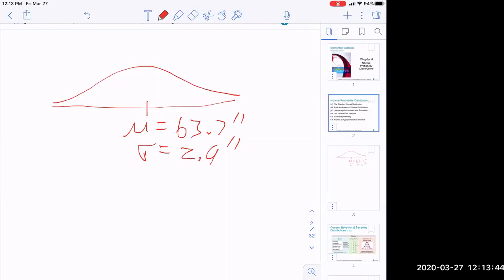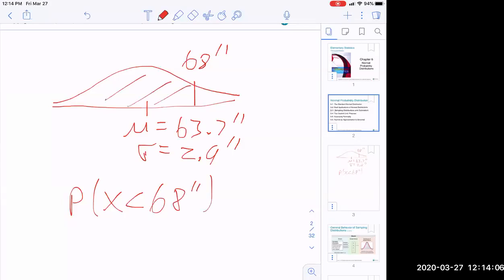If I pick a value here, I'm going to pick 68 inches, we could do the probability that an individual, one single X, one individual woman would be shorter than 68 inches. We would find the Z-score and then find that area.